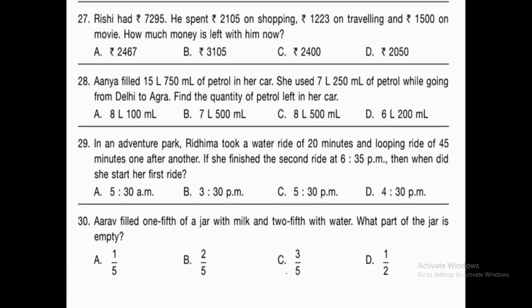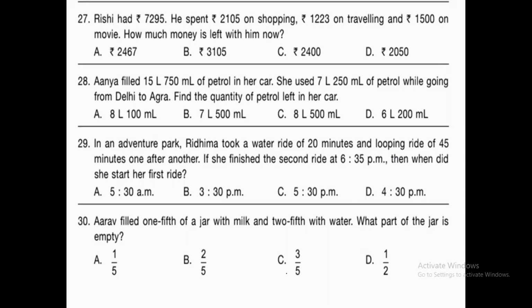So here in this question, it is saying that Rishi had 7,095 rupees with him. Then he spent 2,105 on shopping, 1,223 on traveling, and 1,500 on movie. Now how much money is left with him?